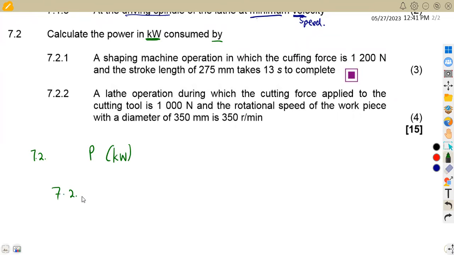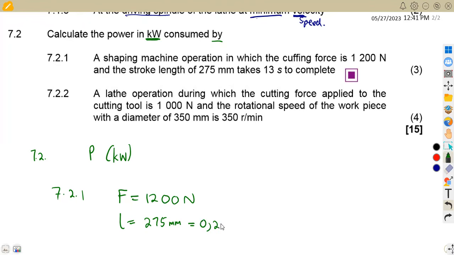On 7.2.1, we are given a shaping machine operation in which the cutting force is 1,200 newtons. So there we have the force of 1,200 newtons. And take note of the stroke length, which is 275 millimeters, which we can convert to meters by dividing by 1,000.